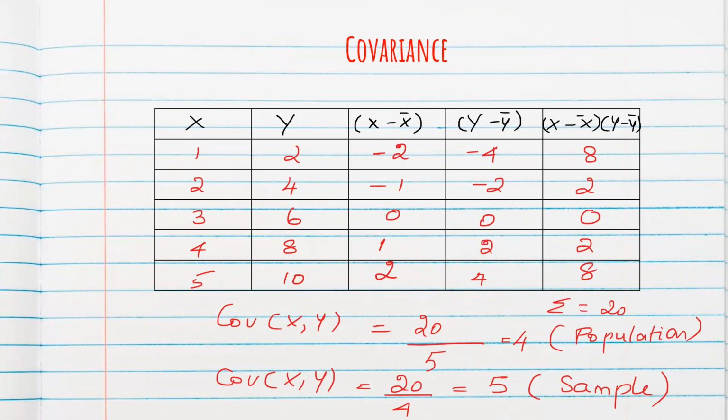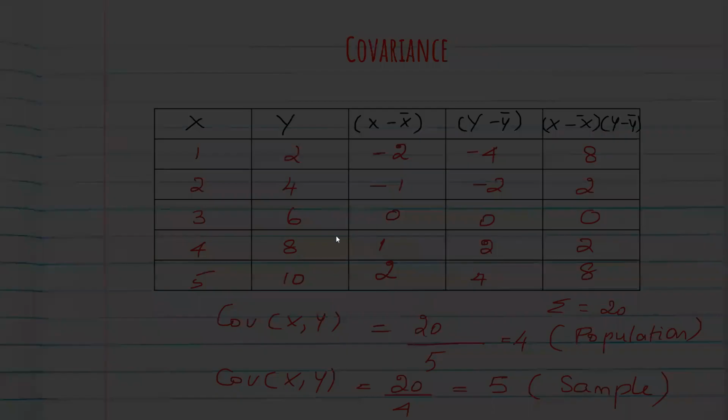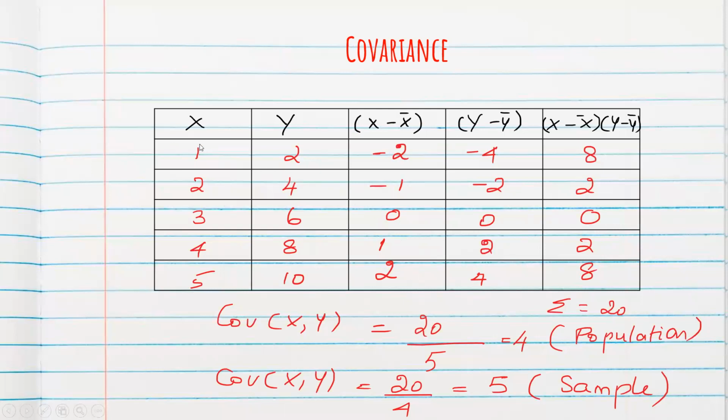If I find population covariance, 20 divided by 5, the answer is 4. So what do we understand from this? Here you can see x is increasing, y is also increasing, and the covariance we get is positive.